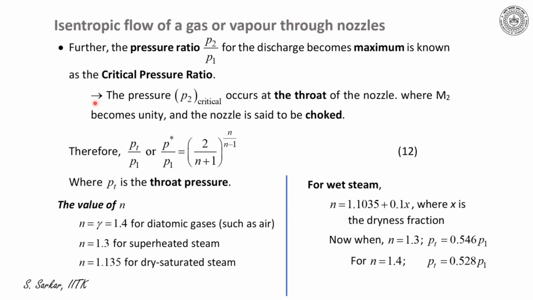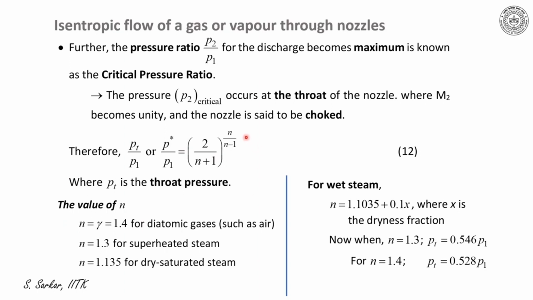The critical pressure ratio occurs at the throat of the nozzle where M2 becomes unity and the nozzle is said to be choked. Furthermore, PT by P1 or P star by P1 is equal to 2 divided by n plus 1 to the power n divided by n minus 1, where PT or P star is the throat pressure.